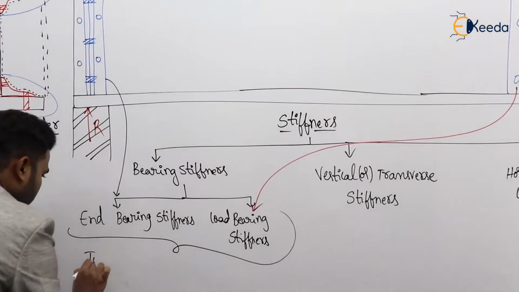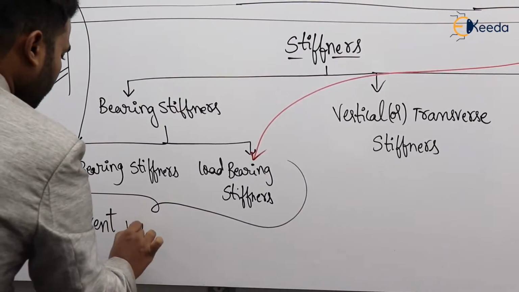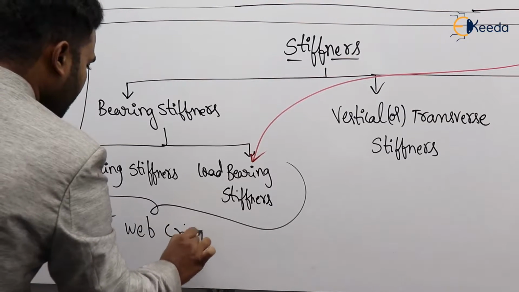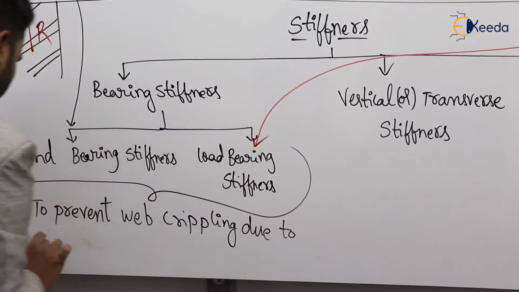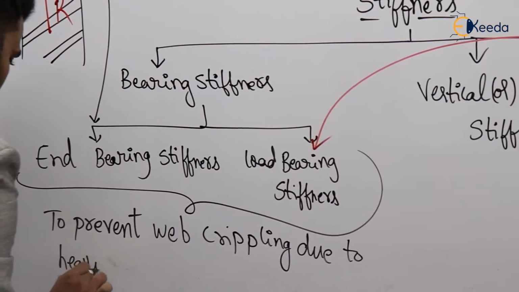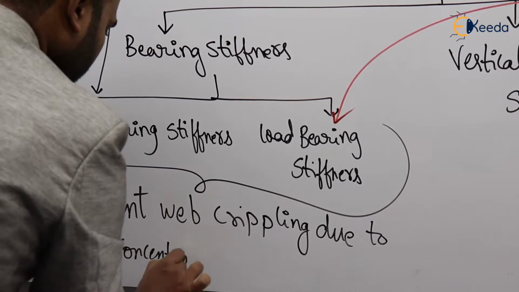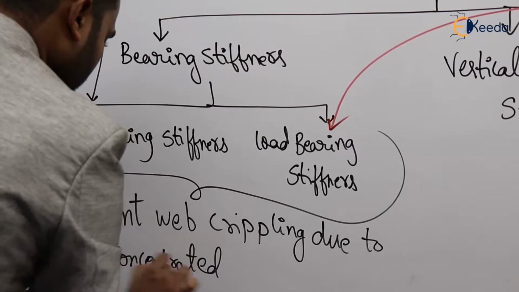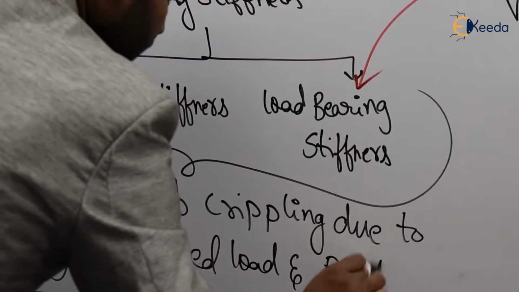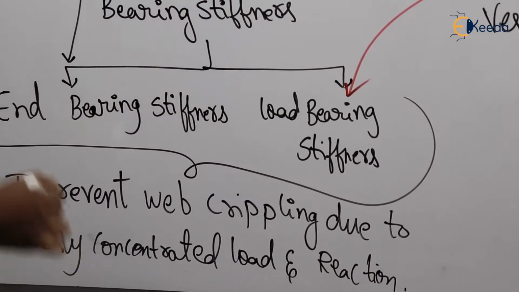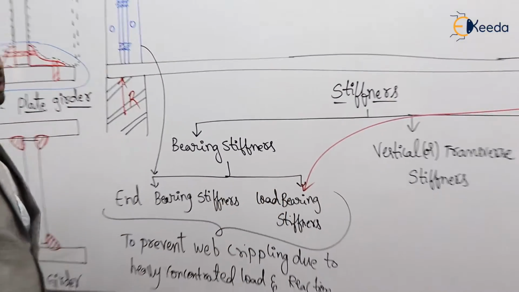To prevent web crippling due to heavy concentrated load and reaction. And one more thing, if the bearing stiffener is provided at the support, then it is end bearing. If it is provided on the point load, then it is a load bearing. So that is the thing.